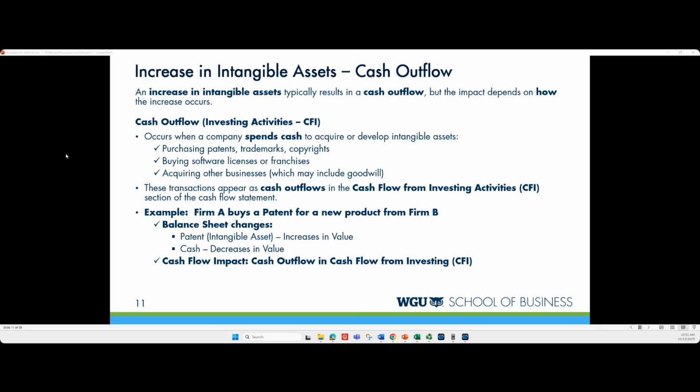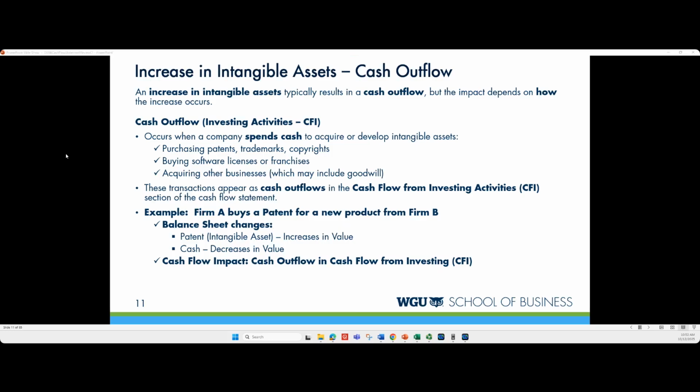So an increase in intangible assets typically results in a cash outflow, but it depends on how the increase occurs. Let's talk about when cash would be impacted. Let's say a company spends cash to acquire or develop intangible assets.